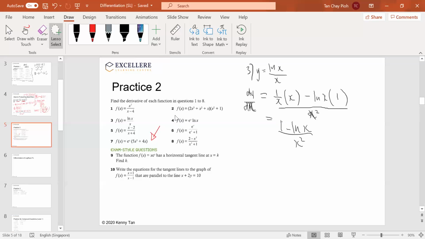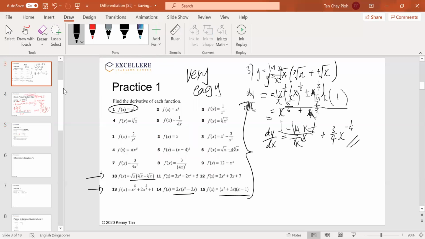Then when is it chain rule again? Actually it really depends because it's really up to you. Do you really want to expand this? If you can expand this, you can do chain rule. So it depends from case to case. If I were to see something like that, I will do chain.